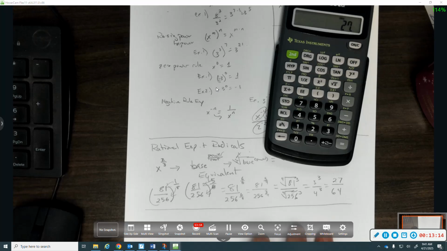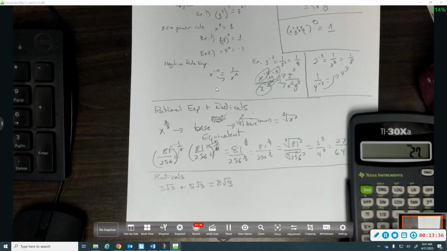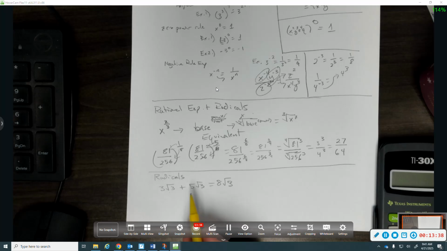And of course, combining radicals, adding them, let's say I add radicals or multiply them, you could have 3 square roots of 3 plus 5 square roots of 3. You add the coefficients. That would be 8 square roots of 3. Now, where this gets a little tricky is you have to simplify radicals if they are not the same bases.